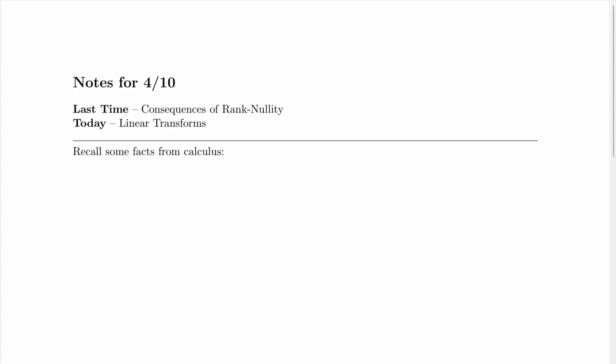All right, so the first one that I want you to recall is a couple of facts about how derivatives work. So the first fact about derivatives I want you to recall is the following. The derivative of a scaled function is the scaled derivative.